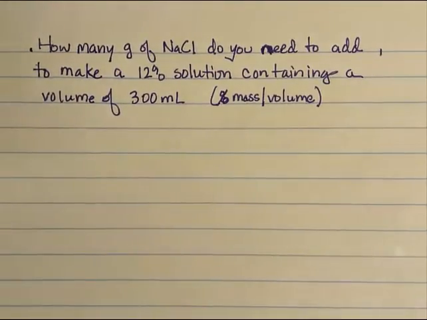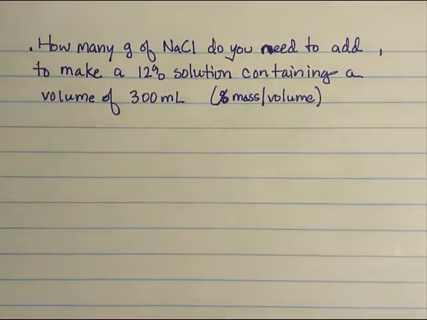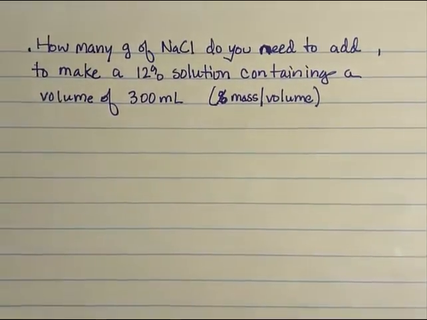All right, so this is another important concept when we're thinking about percent solutions that you might end up having to do. You might end up having to make a solution, right? So you need to be able to calculate how much of something that you need to make up a fixed volume of any percent solution. So most of these guys that you would be making are probably going to be mass to volume because you're going to be dissolving things in water.